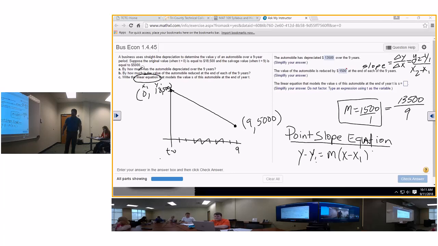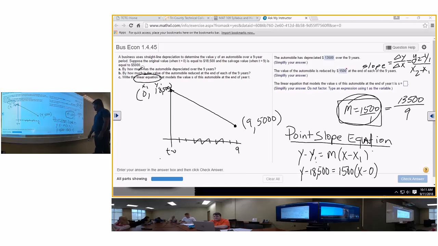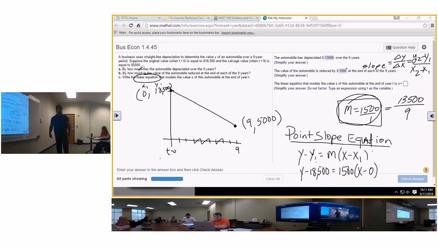Easy math. What's the slope of the line? 1,500. Thank you, class. y minus 18.5 is equal to 1,500 times x minus what? 0. And simplify that.